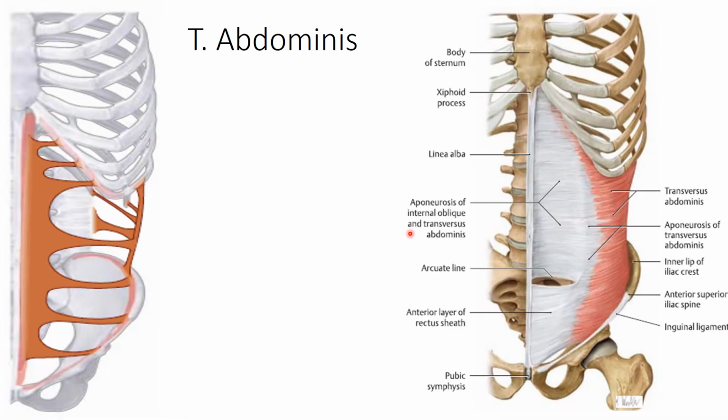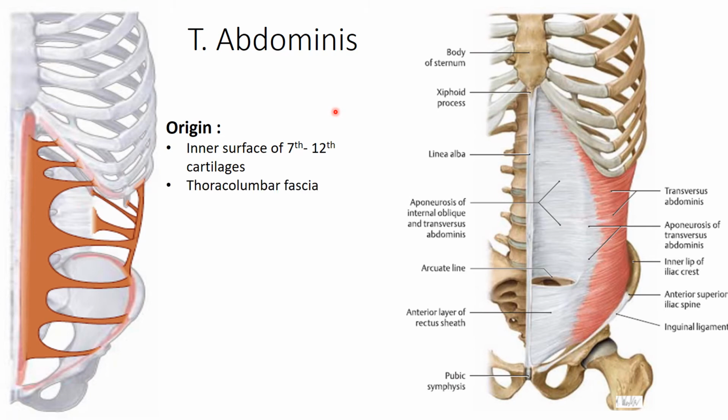Now after the removal of the internal oblique, the next muscle, which is the deepest among the anterolateral group, is the transversus abdominis. It arises from the inner aspect of the lower 6 costal cartilages, or the portion of the ribs which don't have costal cartilage, like the 11th and 12th.